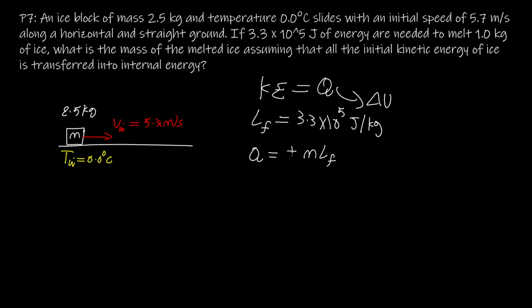We just want the positive sign because we are adding heat to the system, to the ice. Now, we are given Q, which is 3.3 times 10 to the power of 5, and the mass of 1 kilogram. So if we divide both sides by m, we get LF equals Q divided by m. And if you divide 3.3 times 10 to the power of 5 joules by 1.0 kilograms, you get exactly this. So basically, the problem gave us the latent heat of fusion, but indirectly. So we now have the latent heat of fusion.